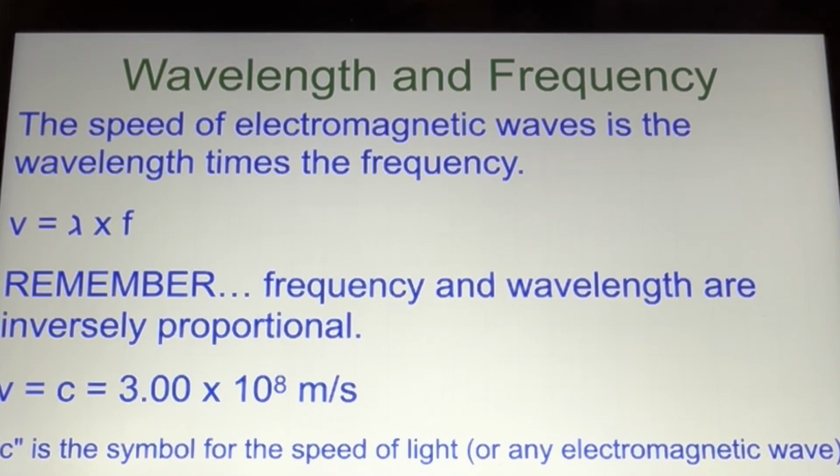And we represent the speed of light or any electromagnetic wave with the symbol C. C equals 3 times 10 to the 8th meters per second. So if you know the wavelength of an electromagnetic wave, you can calculate its frequency using equation 9.1. V equals the wavelength times the frequency.